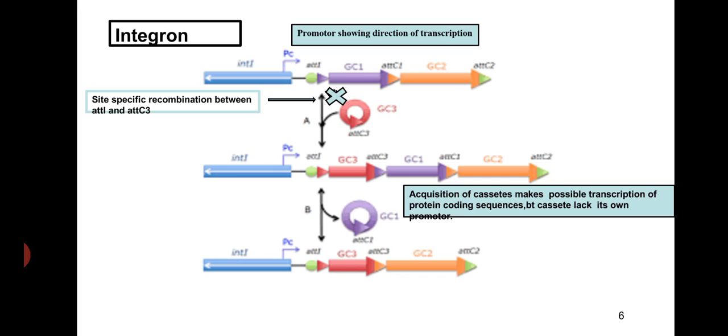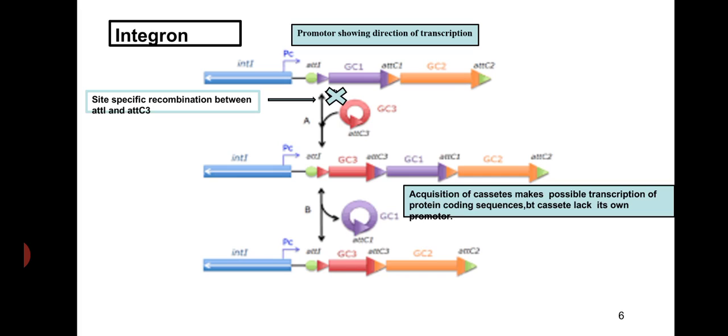You can see here GC3 gets incorporated into this integron structure, before that GC1 and GC2. And in the third figure you can see the removal of GC1, that is the gene cassette, out of the integron structure, and the remaining GC3 and GC2 you can see in the last figure.